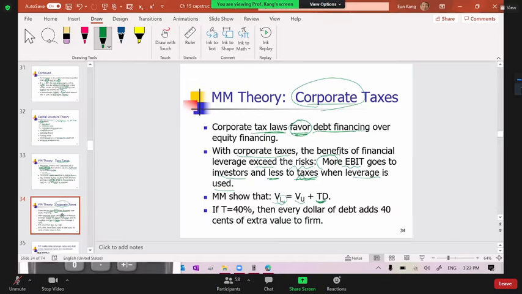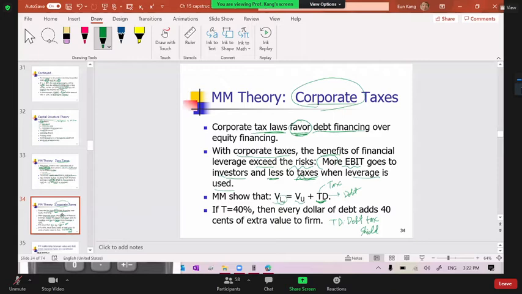T is tax, D is debt. So TD is what we call the debt tax shield. Debt tax shield means what?